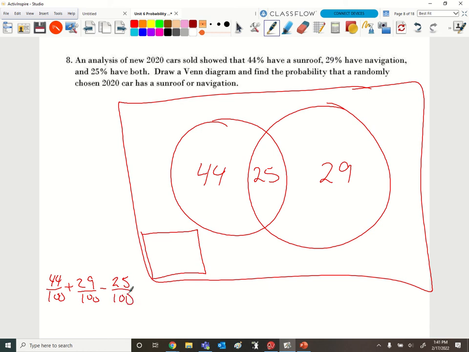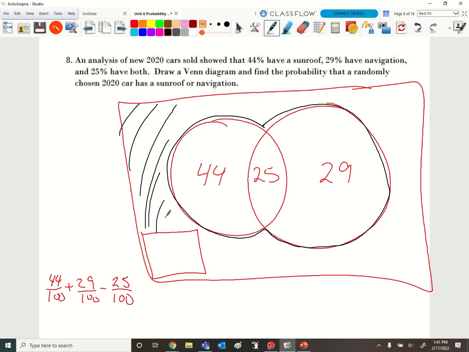Now, by doing this, this is what it gives me. It's going to give me everything that is in here. It's going to give me this percentage of everything in there. So that's everything on the inside. I still need to figure out all this out here, right?